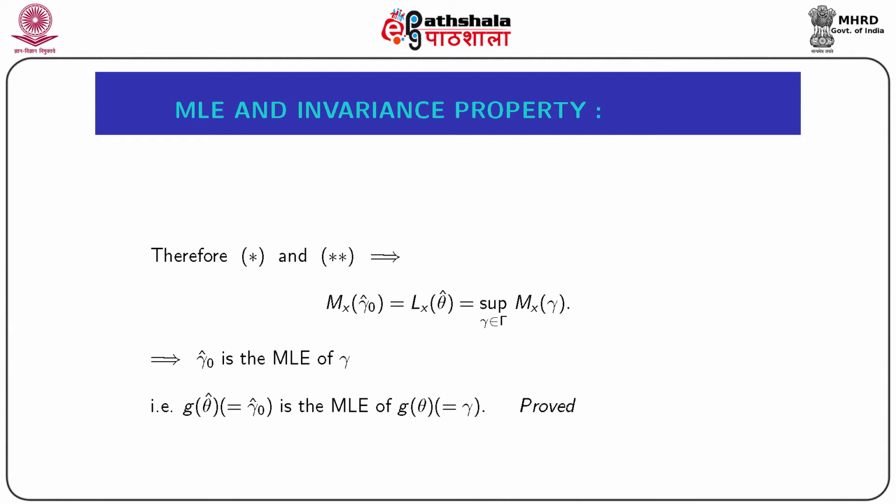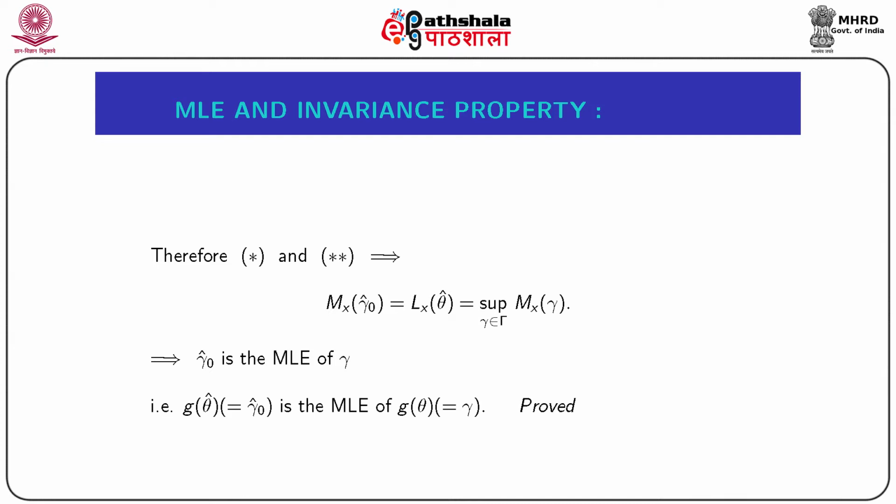So this implies gamma naught hat is the maximum likelihood estimator of gamma. But gamma naught hat is nothing but the function g at theta hat, and gamma is the function g(theta) itself. So finally we can say that g(theta hat) is the maximum likelihood estimator of the parametric function g(theta).